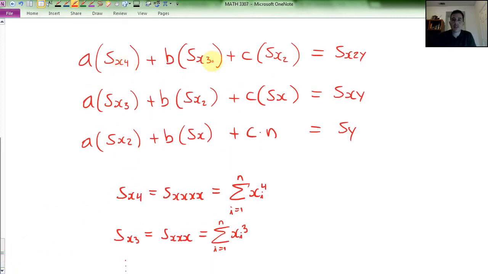You have SX4, SX3, SX2, and then SX2Y. The second equation, you kind of shift to the left. The SX3 now is here, the SX2 is here, and then here it's SX. So SX3, SX2, SX1, and there's no such thing as SX0, but in fact this is actually n. And then you have a 3 by 3 coefficient matrix.